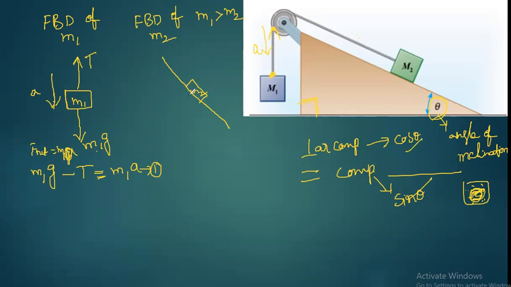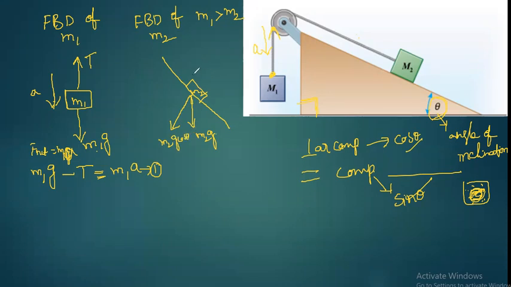You see here, this is M2, right? So this will be our M2G. Let me draw it clearly. This is our M2G. If you draw just perpendicular to the surface, it is M2G cos theta.